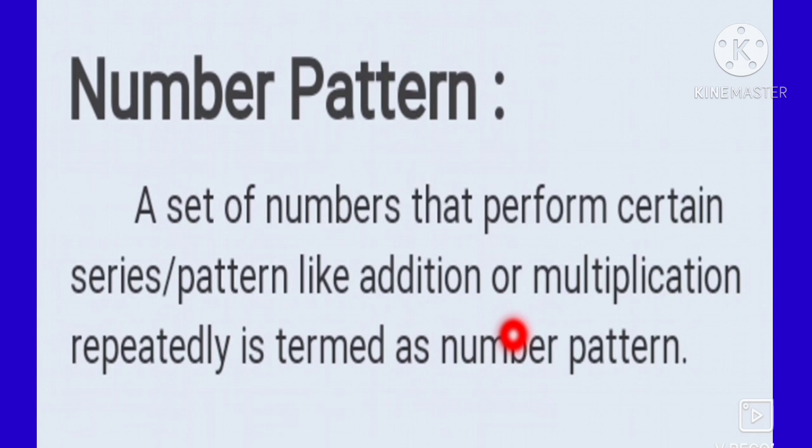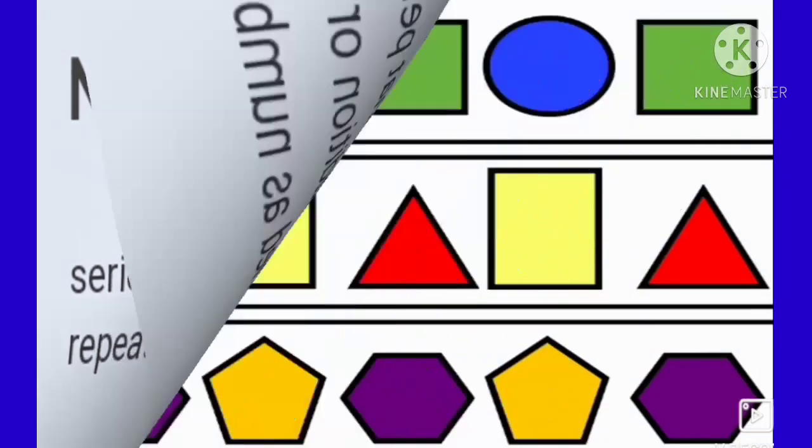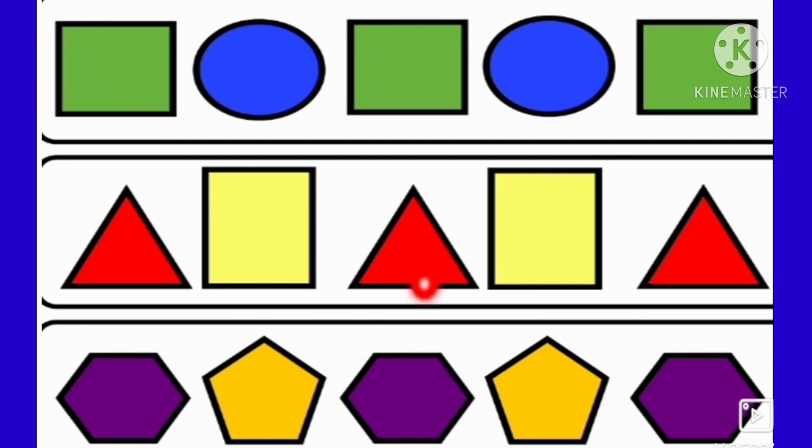A number pattern might repeat by adding or subtracting the same number. A shape pattern is a sequencing game where you need to complete the pattern of different colored 2D shapes.